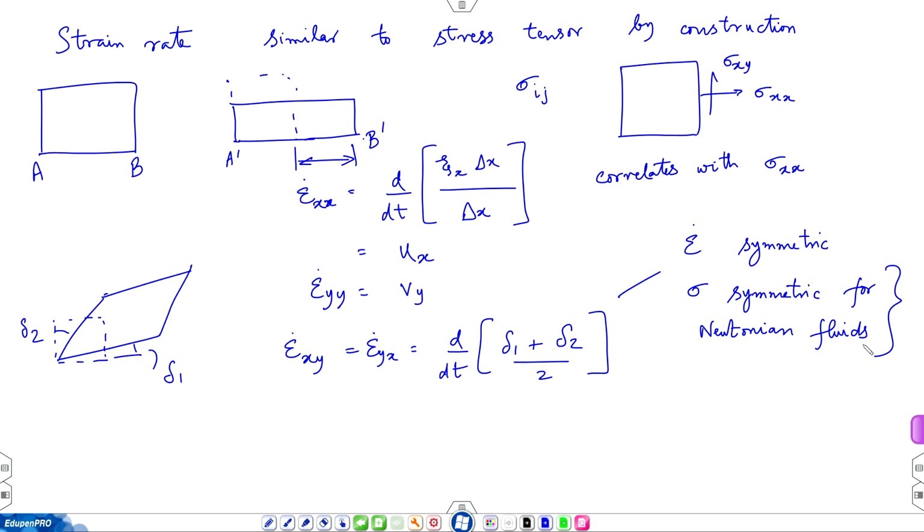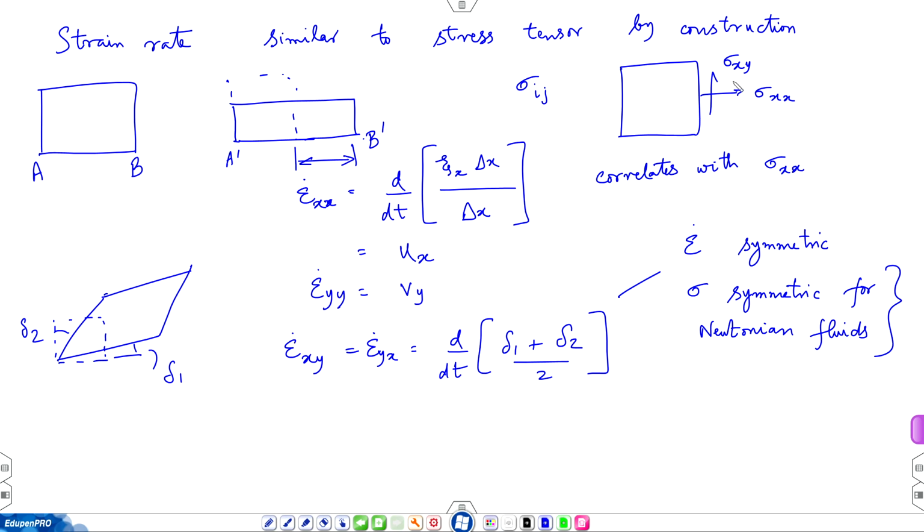You can develop Navier-Stokes equations where sigma is not symmetric, but it turns out that for the fluids I just referred to, air, water, oils, fluids that overall demonstrate Newtonian behavior, will have a symmetric stress tensor. Now, what will happen if it is not symmetric?